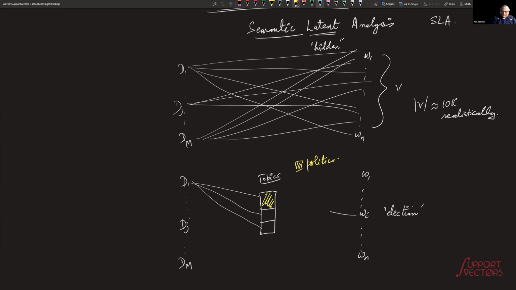Let me color this differently, and let's say sports, and let's take a different color for the STEM field.